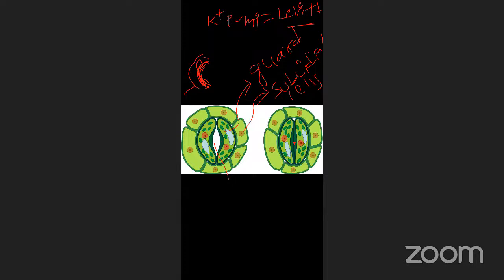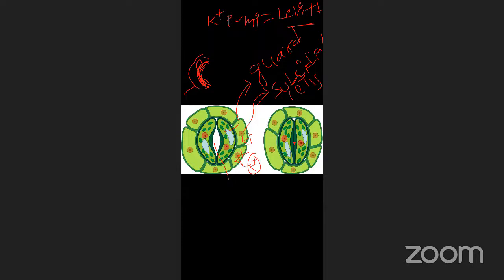According to this theory, there is accumulation of K plus ions into the guard cell from the subsidiary cells. I already told you these are subsidiary cells. Actually, potassium is deposited in the subsidiary cells.